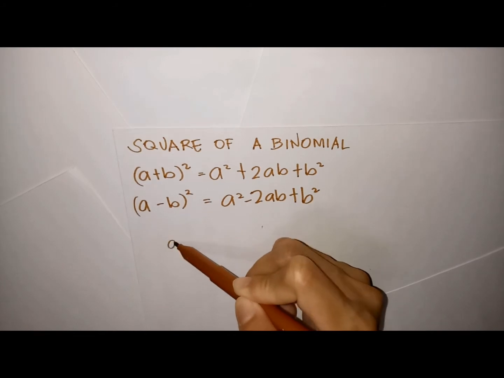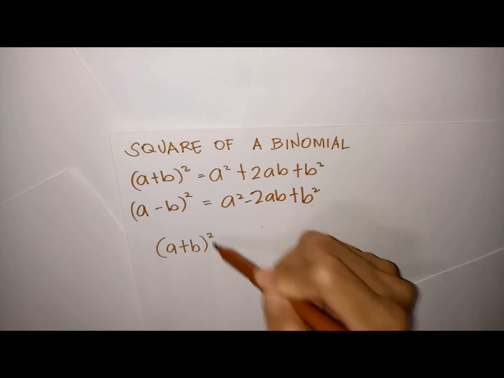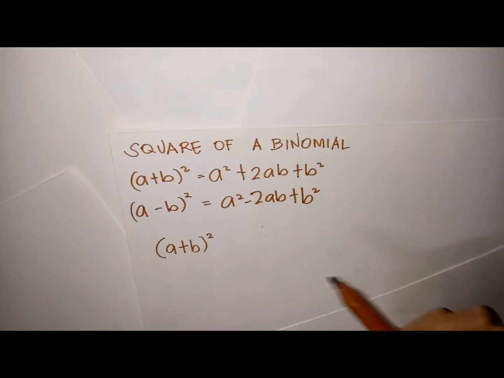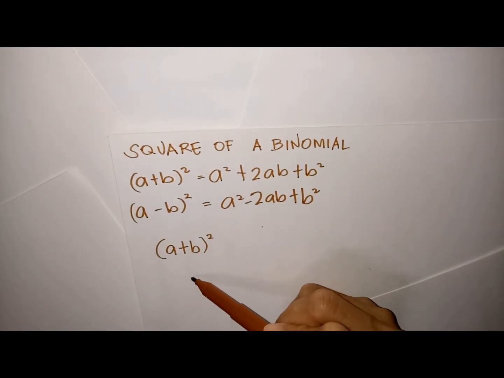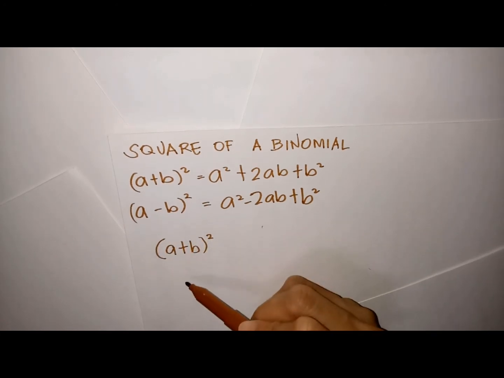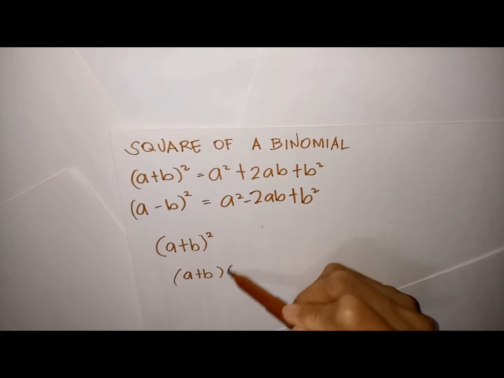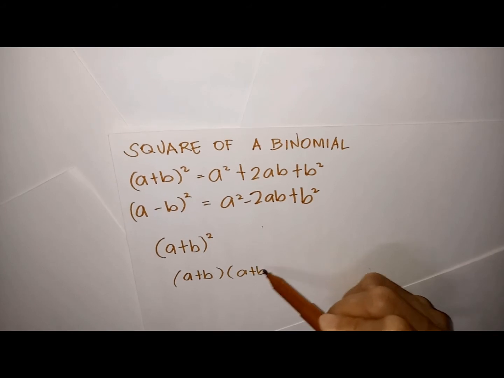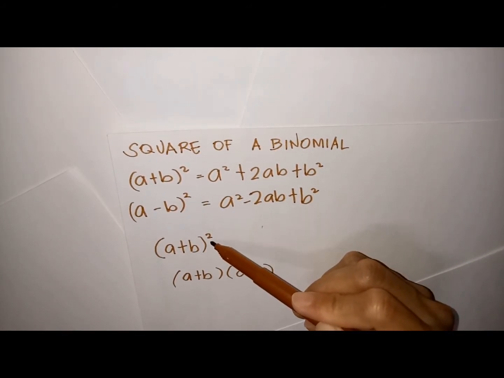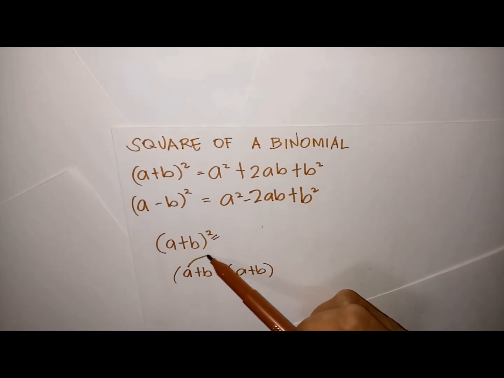Suppose we have a plus b squared, or the quantity a plus b squared. By using the FOIL method, this quantity means a plus b times a plus b, since we are raising to a second power. So by using FOIL method, we have first term times first term.